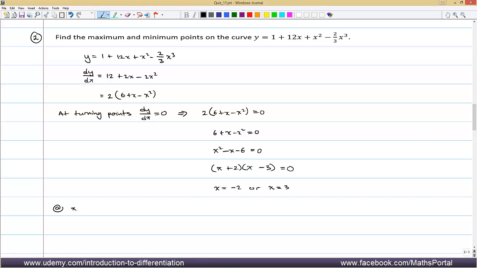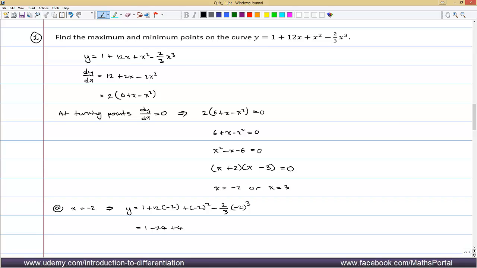And if x is equal to minus 2, then what is the corresponding value of y? Then put it back into the original equation. 12 multiplied by minus 2, that is minus 24. And minus 2 squared, that is plus 4.